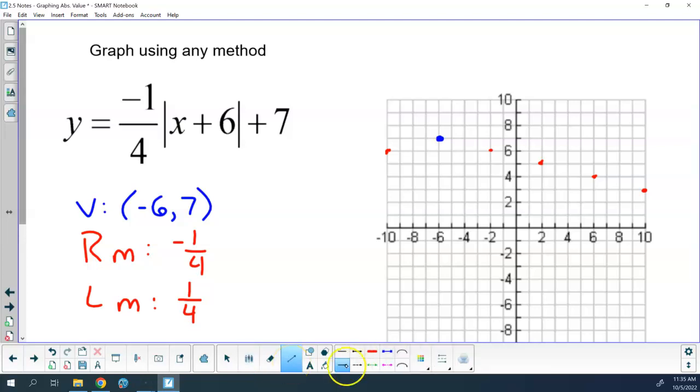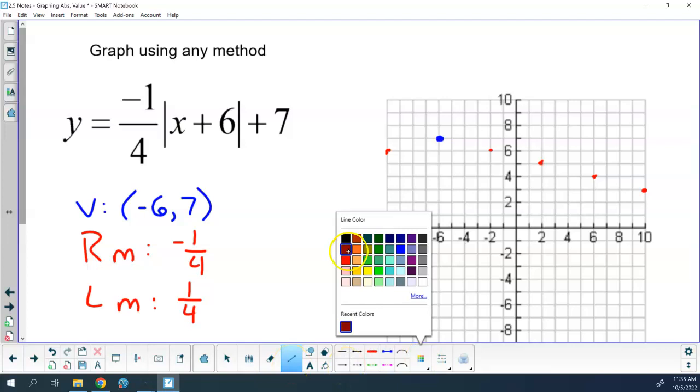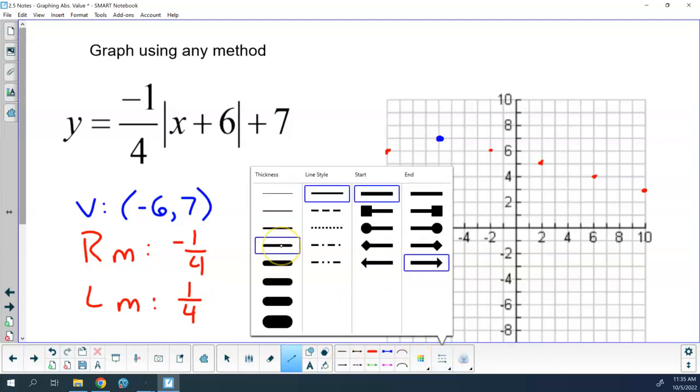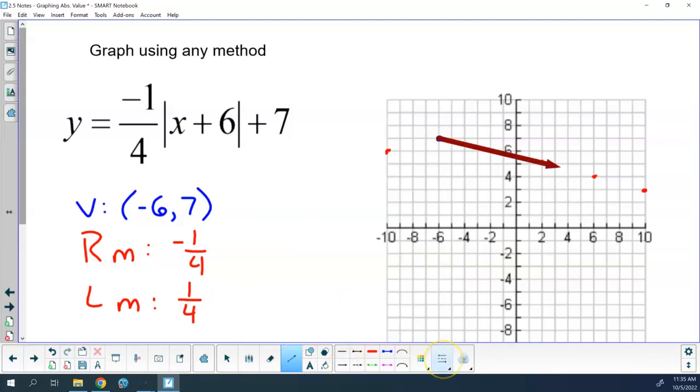Then we can draw it in. And we're good to go. Okay? Love it.